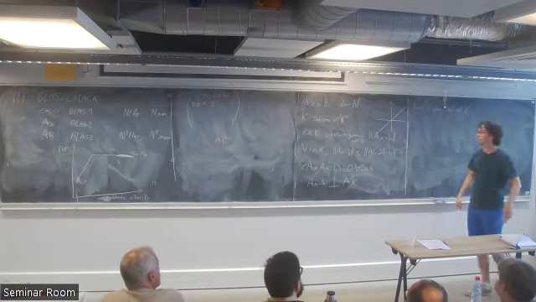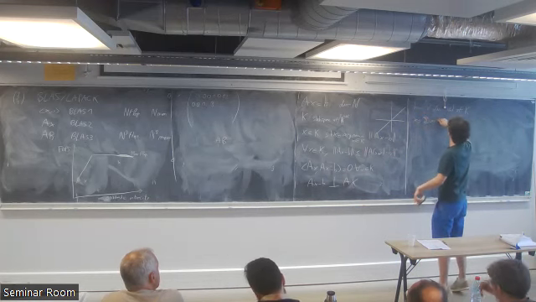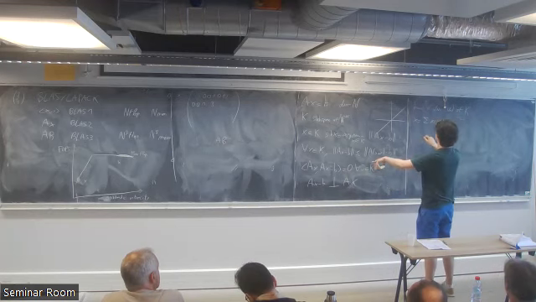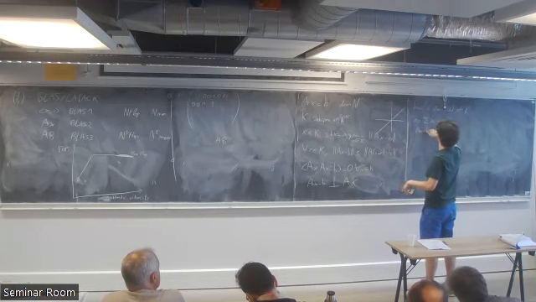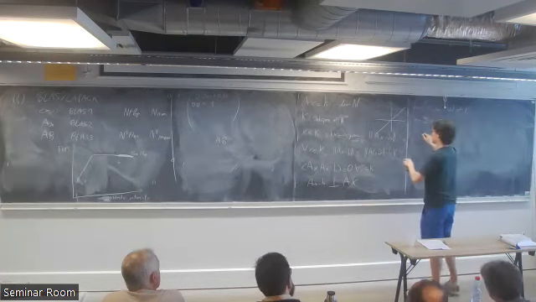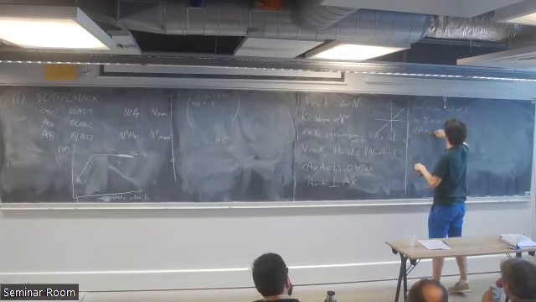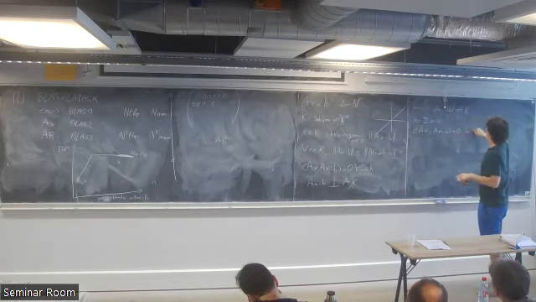You write x is equal to the sum of xi Vi, and what has to happen is that A Vi times (Ax - b) has to be equal to 0 for all i.